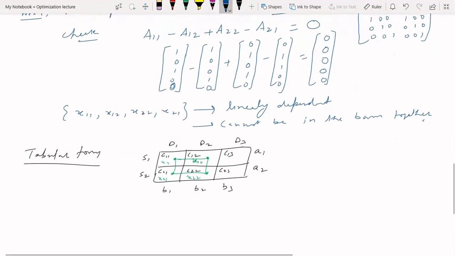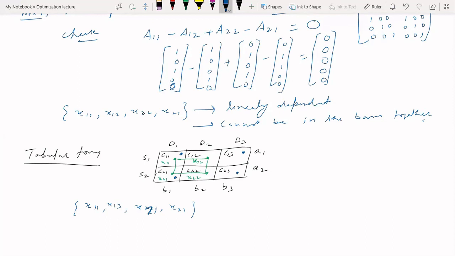Similarly, I can look for another choice. Say for instance here, if I take my variables as x11, x13, x21, and x23. So now these four variables represent the corresponding boxes.